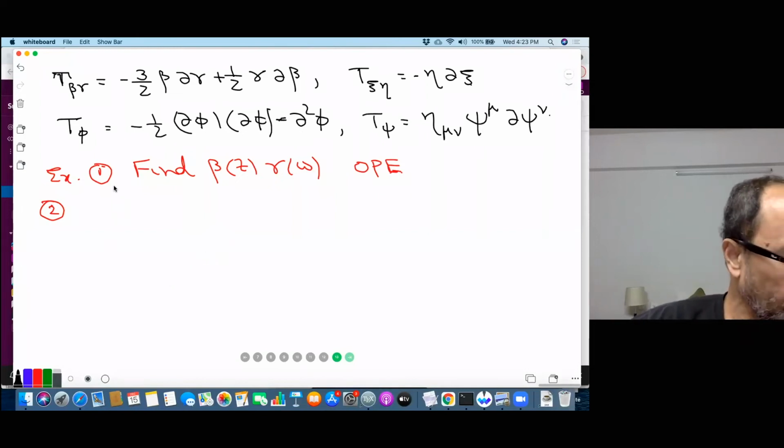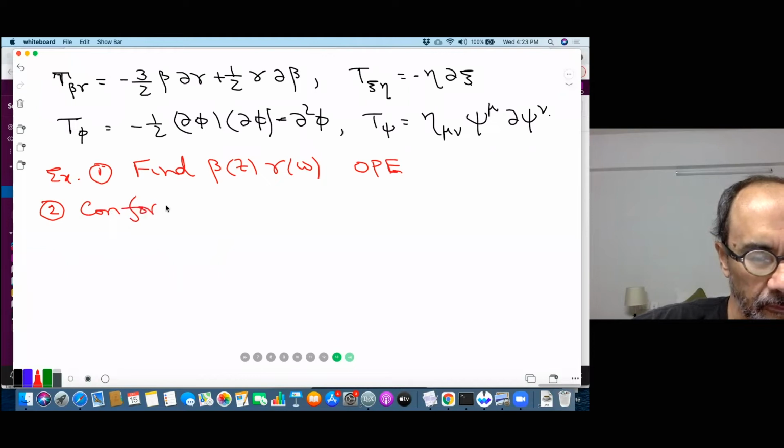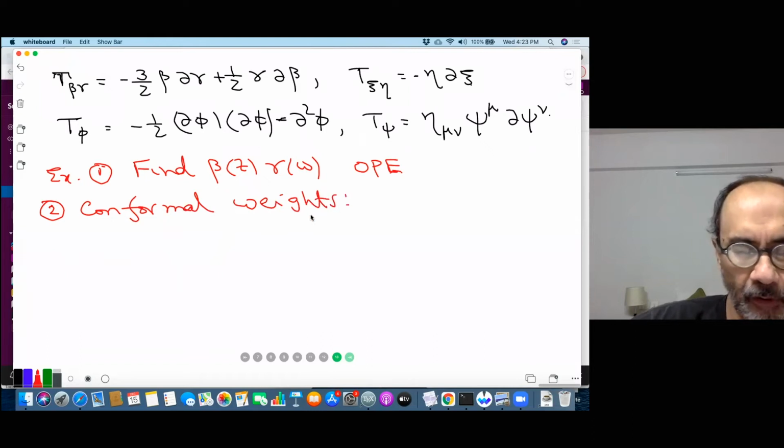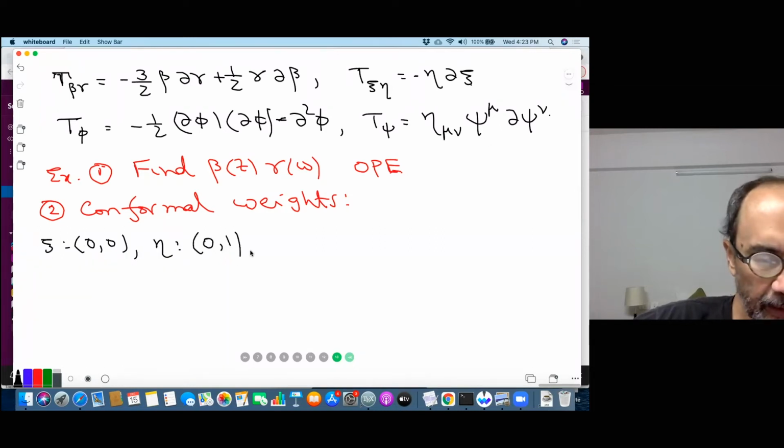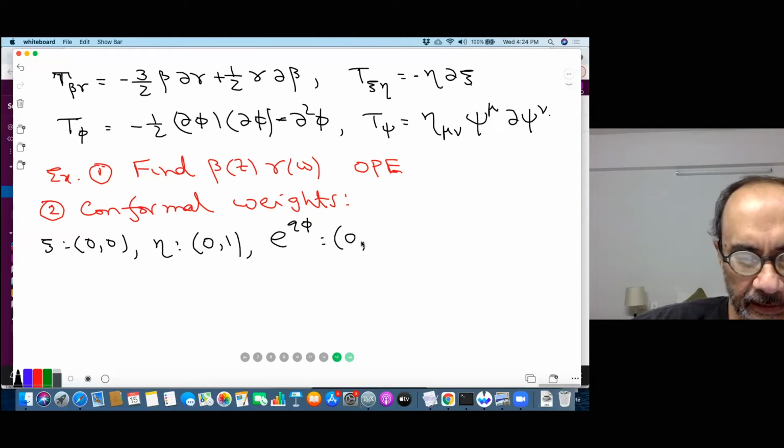Now the conformal weights. All of these can be found from the operator expansion. So xi is 0, 0, eta is 0, 1, e to the q phi is 0, minus half q times q plus 2.